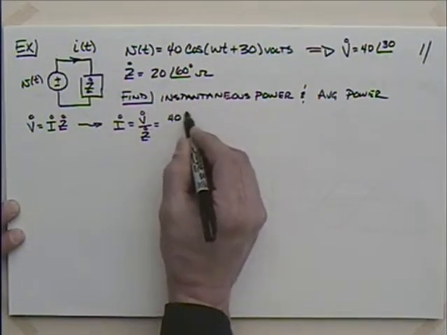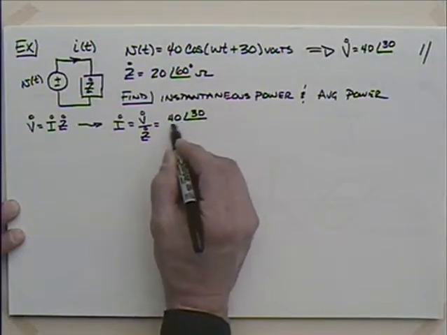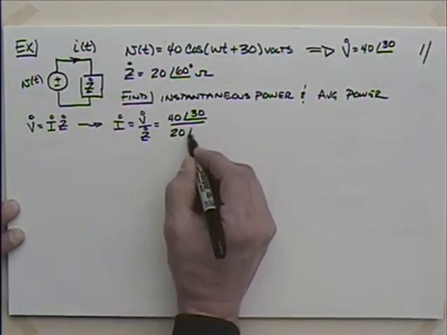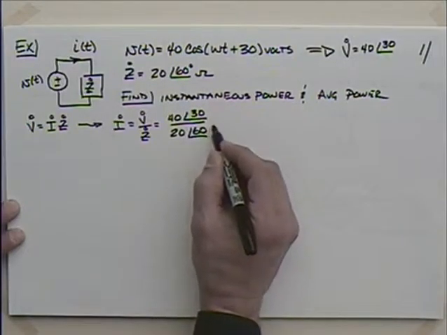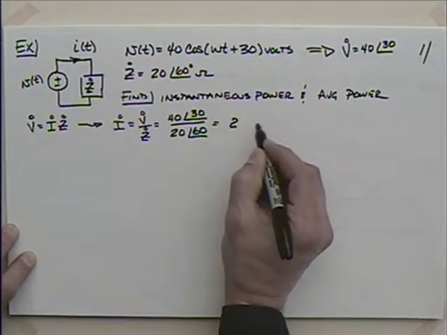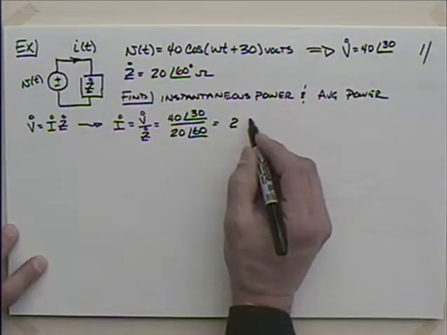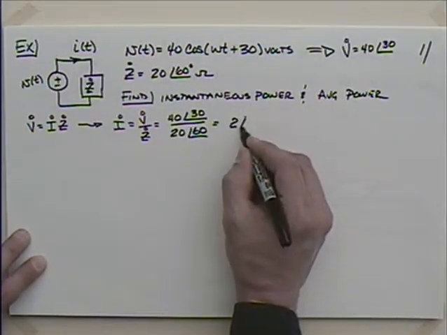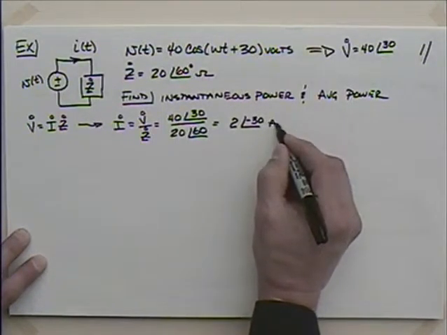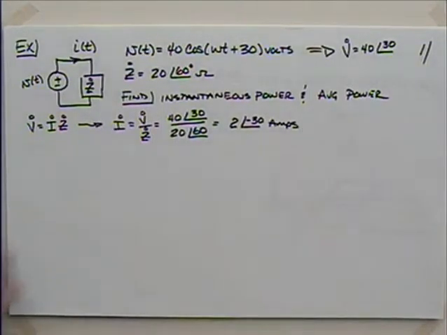We'd have 40 at 30 divided by the impedance 20 at 60, which gives me 2, dividing the magnitudes, and then an angle of 30 minus 60, so I end up with minus 30. So that's going to be amps. That one you can do in your head pretty easily.